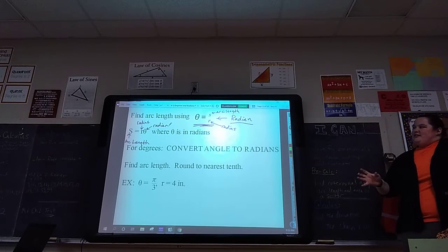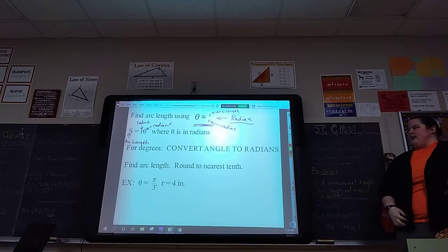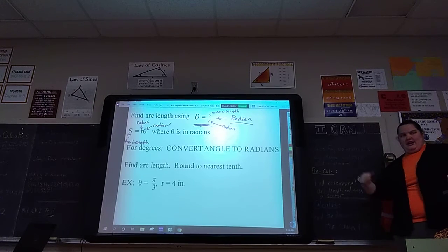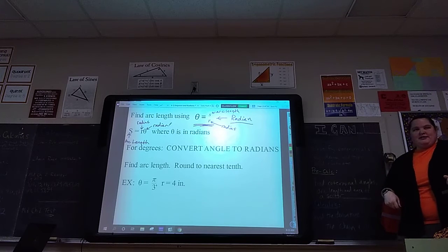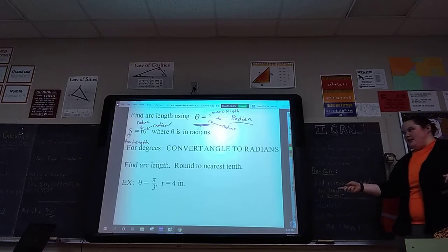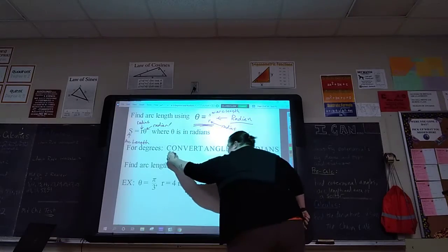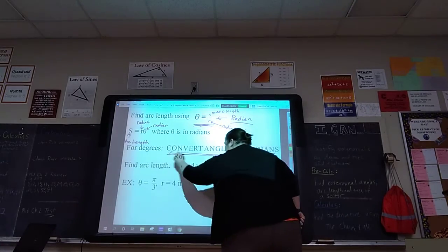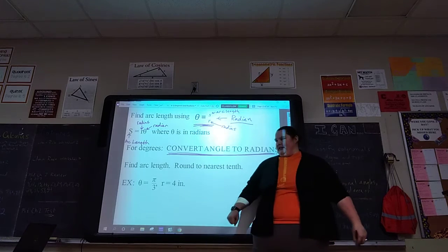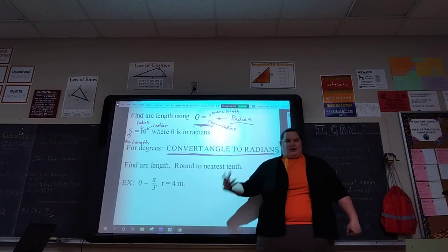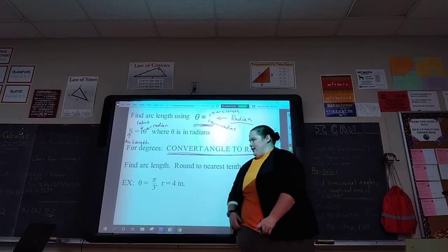So this only works to find an arc length of the circle if you're given a radius and an angle that's in radians. So if you're given an angle that's in degrees, what do you need to do with the degree measurement? Yep, convert the angle into a radian. So before you can use this little quick multiplication formula to find an arc length, you just have to make sure your angle measurement is in radians.